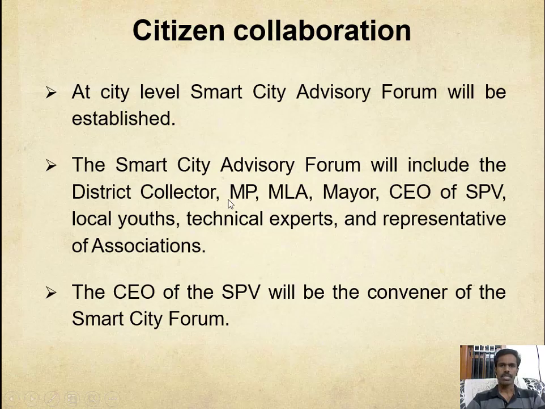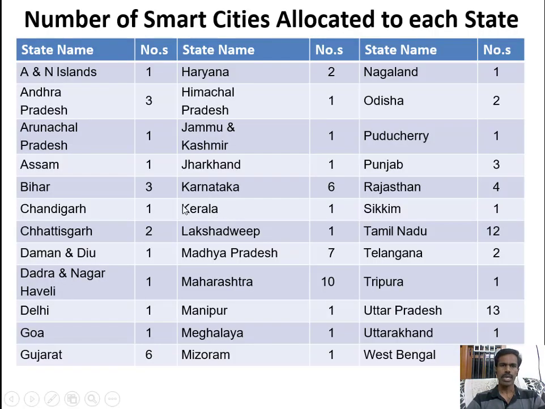The people involved in identifying the smart city are the district collector, MP, MLA, mayor, and CEO. These people will decide which city we can keep as a smart city. After that, we have to develop and implement those objectives, and provide the smart solution. In India, we have identified 100 cities as smart cities, and slowly they are implementing or establishing the objectives of the smart city.